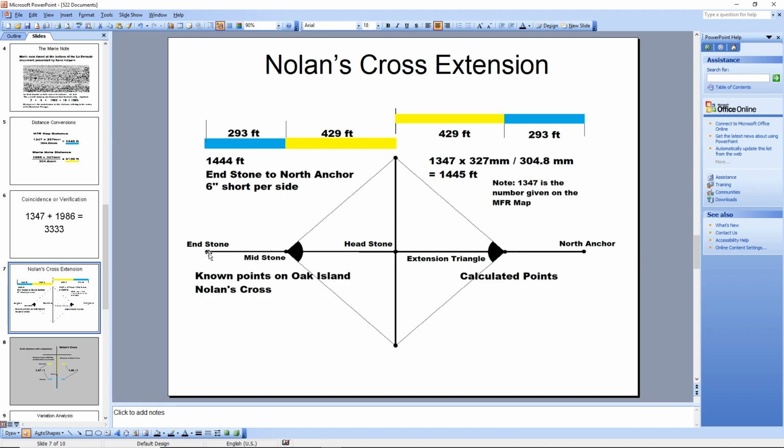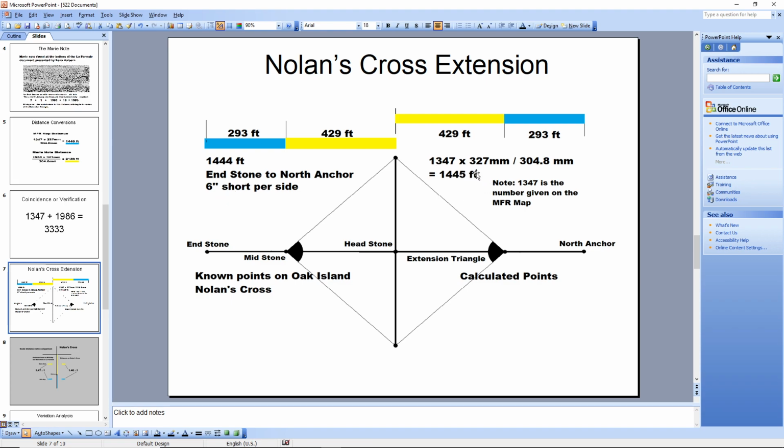That distance from the headstone to the north anchor, okay, in our foot measure and what is measured as known, what our known measurements are from Nolans cross today is 293 plus 429. And if you double that, you end up with 1,444 feet.